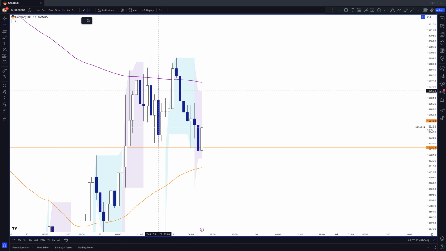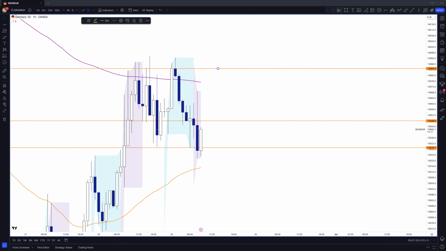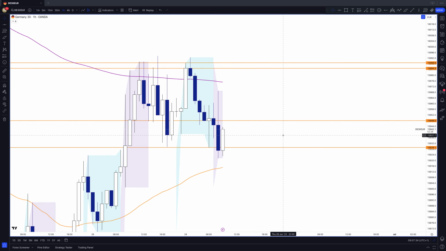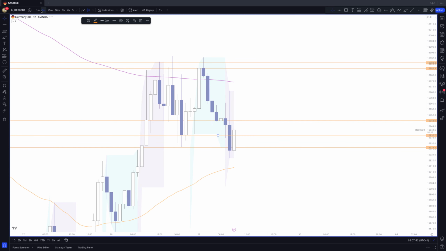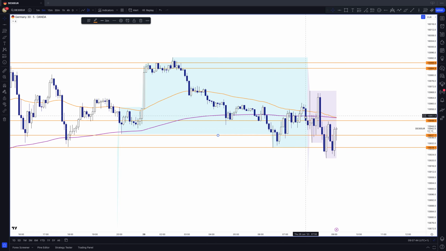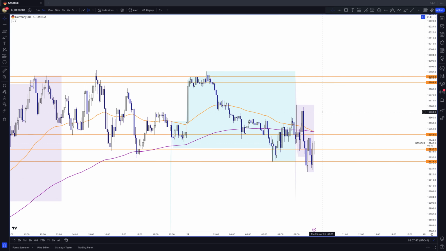I had these levels over here, this wick over here, and yeah, I also drew this level over here, I think. Yeah, let me quickly see, how do we look? Yes, exactly. Cool. Now, what did I see?